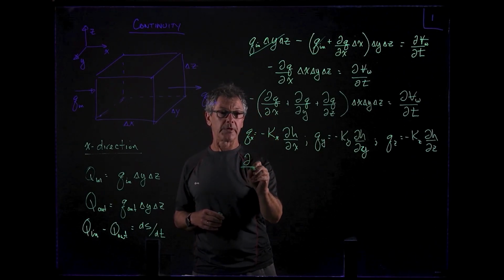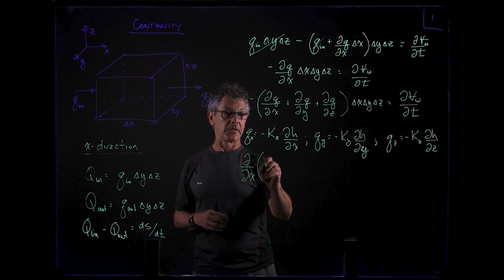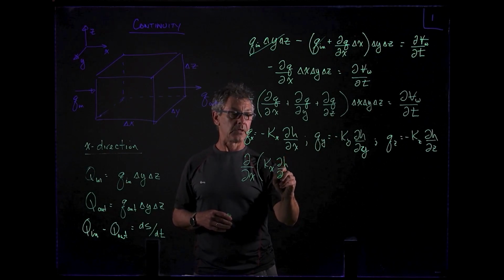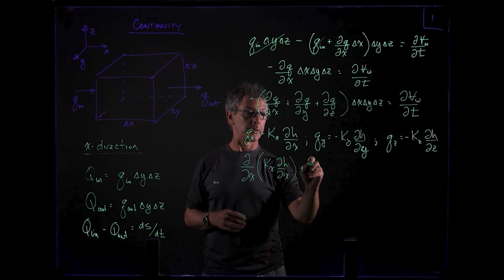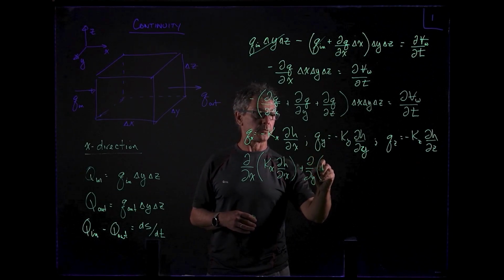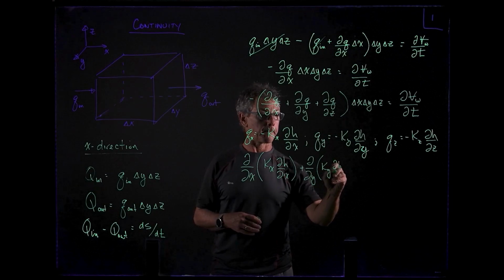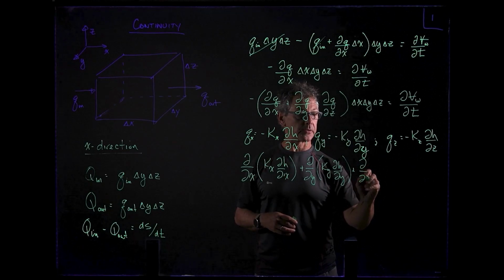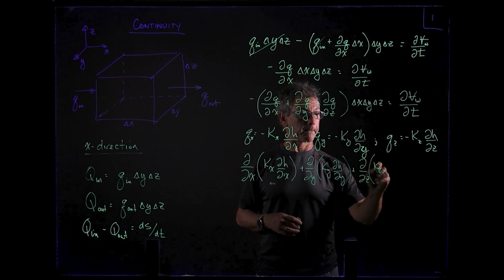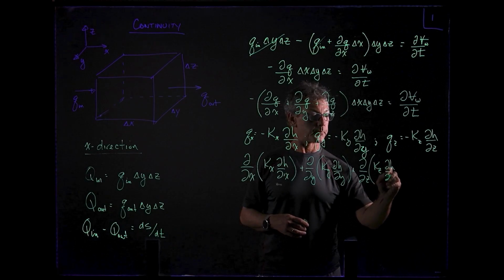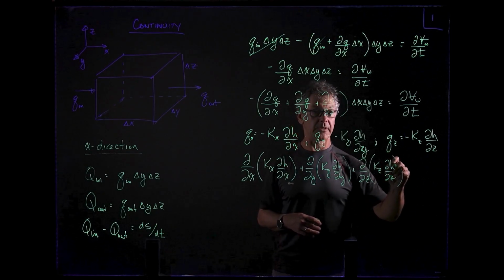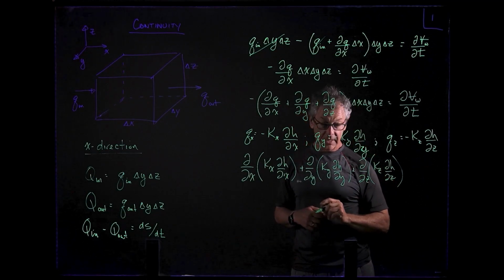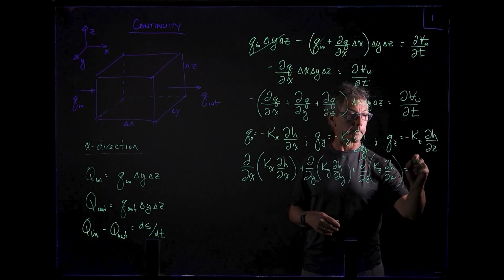We're going to end up with the change in the x direction of hydraulic conductivity in the x direction times head in the x direction, plus the same thing in the y direction, plus the same thing in the z direction. Nothing much has happened here on the right except that notice we have all this delta x, delta y, delta z. So let's bring that over here.